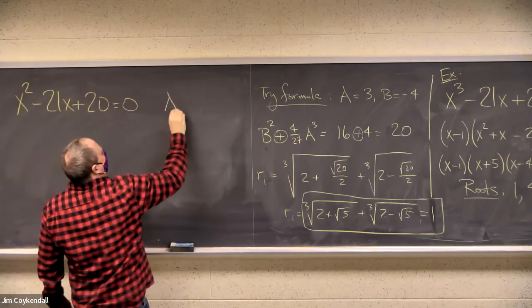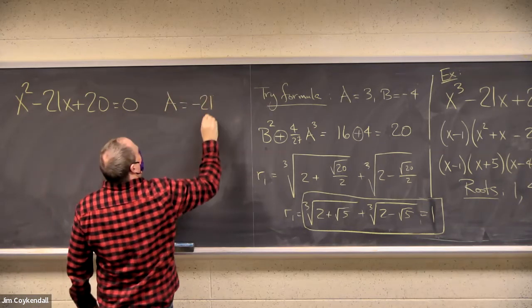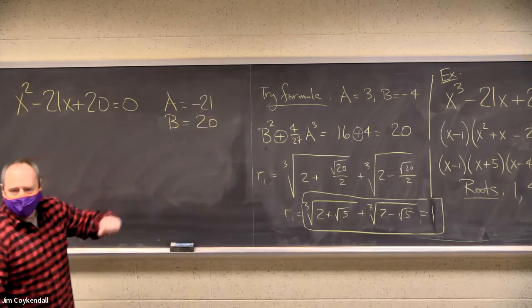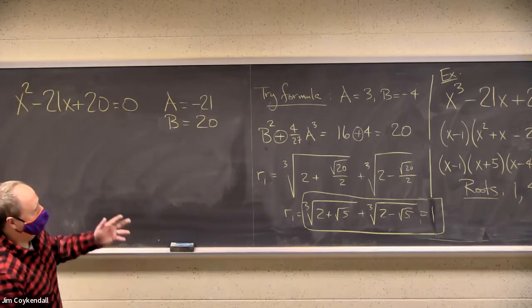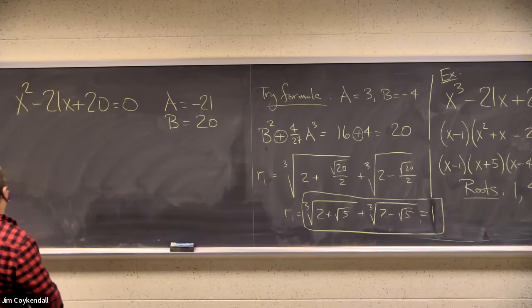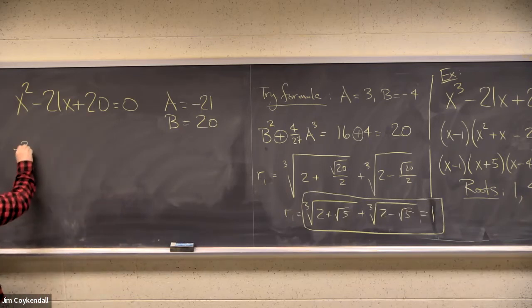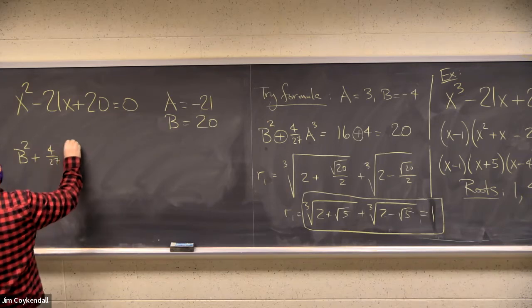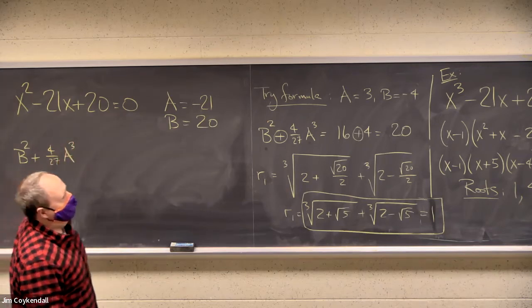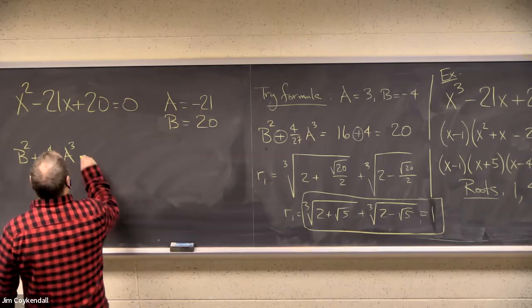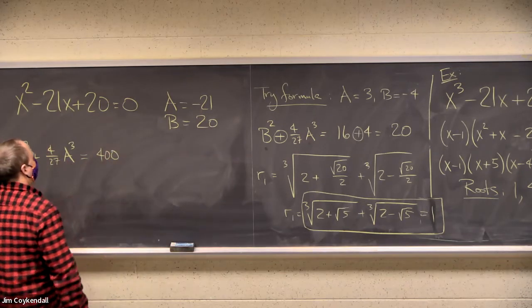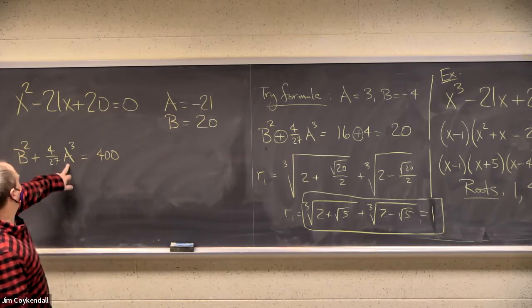So here we have A is -21 and B is 20. Right? So again, let's figure out what this awful thing is under the radical. This is going to be 400. And A is 21, well, that's 7 times 3.